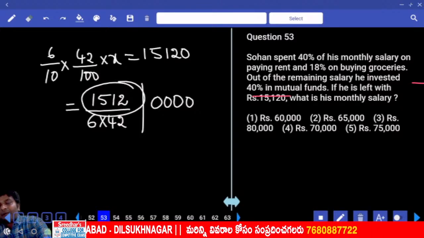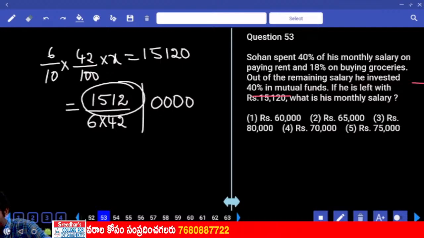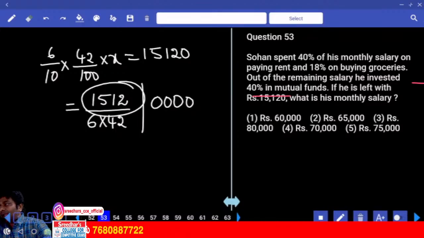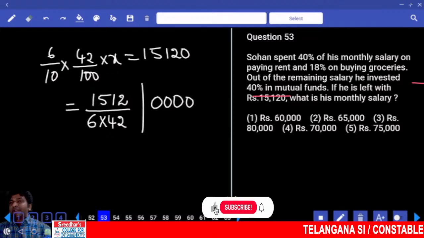Now 1512 numerator, last digit verification, even number. Last 2 digits, 12. Is it a 4 multiple? So a 4 multiple is there in 1512 and in the denominator 4 gets cancelled. So can you change the number of zeros here? No. In the final answer, how many zeros will come?